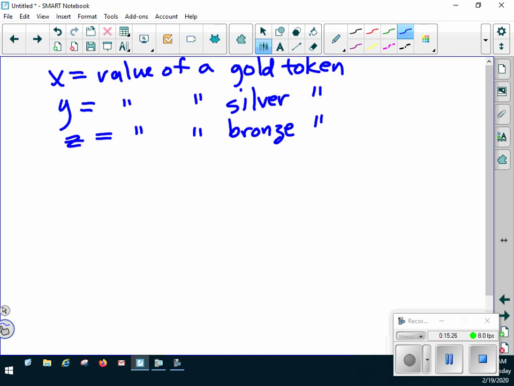What if a gold token costs $2 and you buy 5 of them? That's $10. What if a gold token is worth $3 and you buy 2 of them? 6. What if a gold token costs x bucks and you buy 3 of them? 3x. So that first set, it says 14 gold, 20 silver, and 24 bronze.